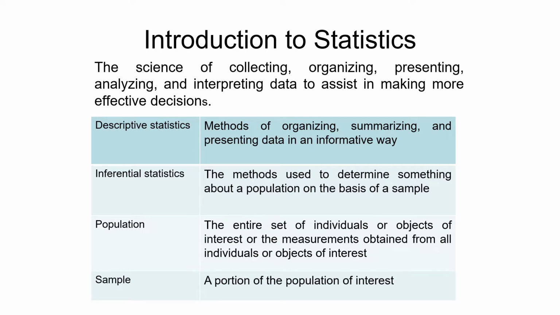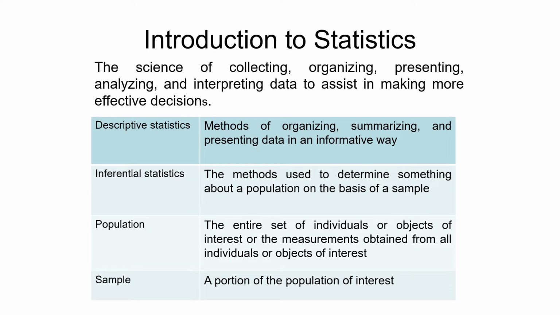Statistics actually is the science of collecting, organizing, and presenting data to make the data more effectively useful to make decisions. So descriptive stats means you summarize the data in an informative way. Inferential stats is methods used to determine something about the population on the basis of a sample.